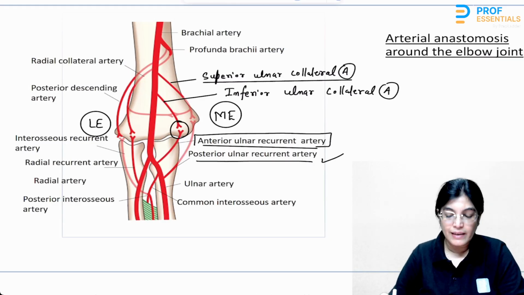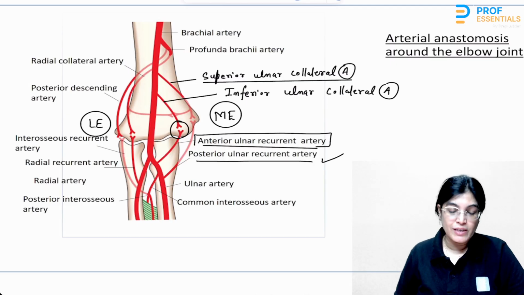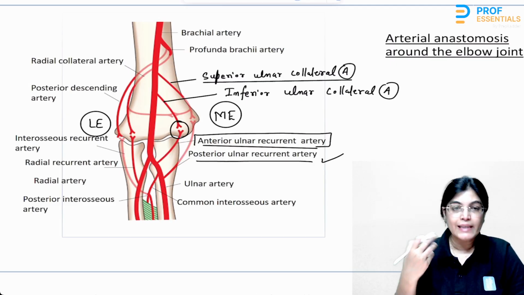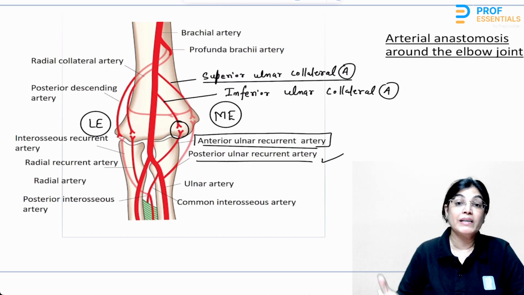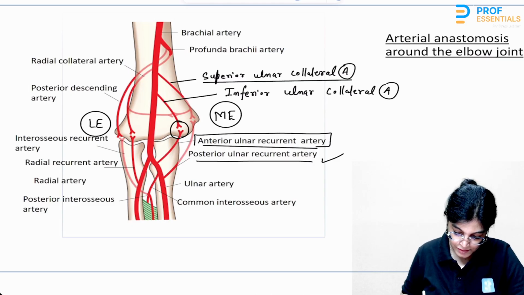Now other than that, let's talk about the anastomosis which is taking place at the lateral epicondyle, in front and behind. So in front of the lateral epicondyle, the radial collateral artery. So here, this is the lateral epicondyle.